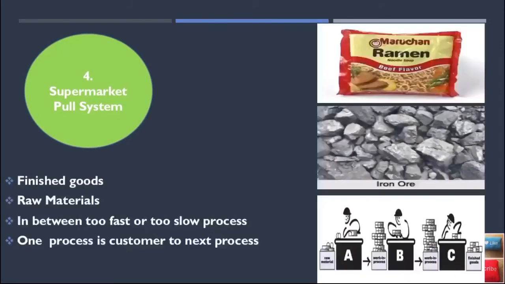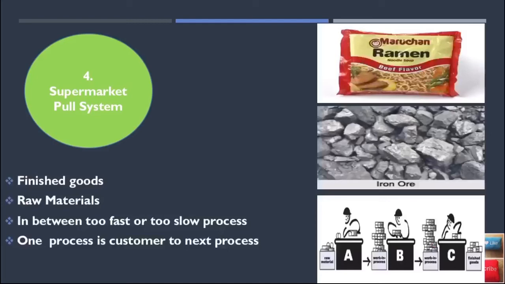So our fourth step is supermarket pull systems. I already told you about the supermarket: it is nothing but an inventory stock, like a storage area. There are 3 main areas where you can create a supermarket.